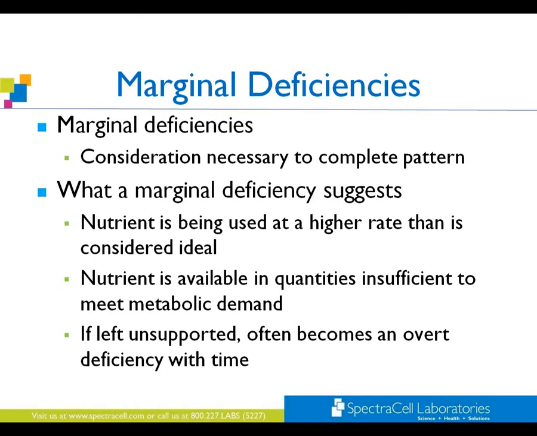What it's suggesting is that that nutrient is being utilized at a higher rate than is considered ideal. I tend to think about this in regards to supply and demand. What this is saying is that there is a higher demand for that nutrient than the body is able to keep up with.